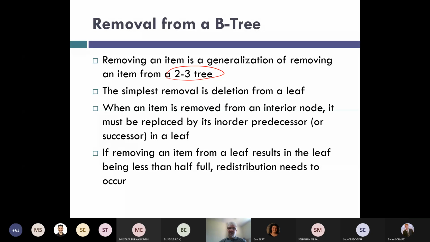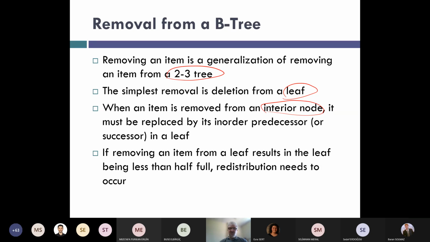If we have to remove from a leaf, the removal is simple. We just remove the element from the leaf. But if we have to remove from an internal node, we have to be careful.